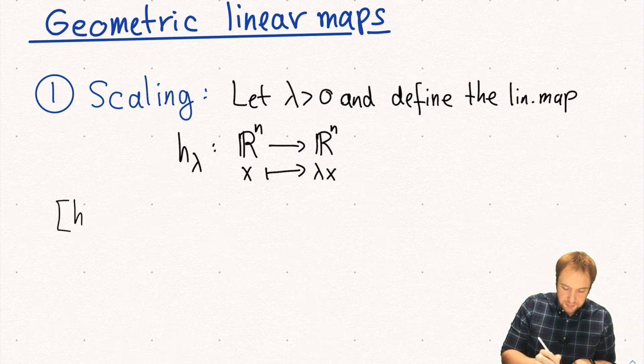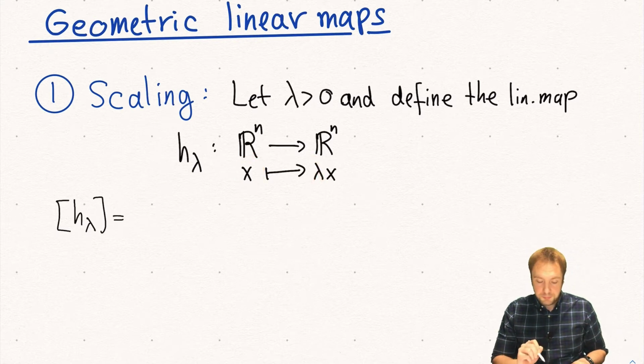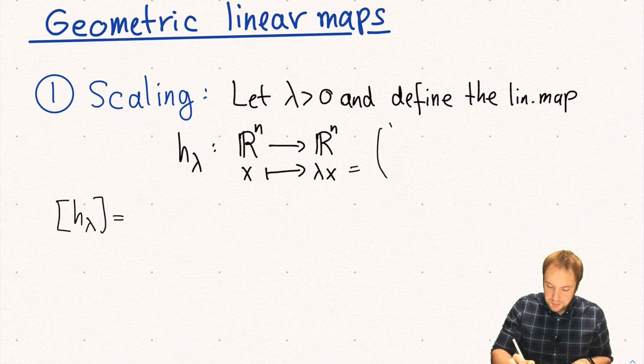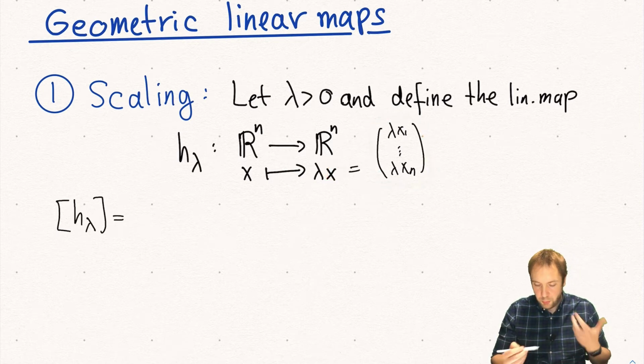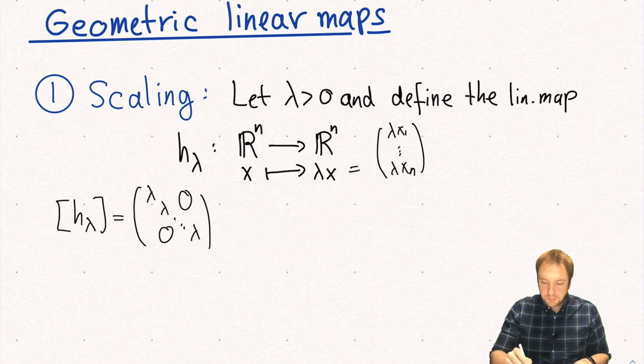And in this case, what is the matrix of this? Well, multiplying a vector with lambda just means that each entry gets multiplied with lambda. So this here is just lambda x1 up to lambda xn. And how do I go from x to this vector by which matrix? Well, the matrix I take is just the matrix which has lambdas on the diagonal and the rest is 0.